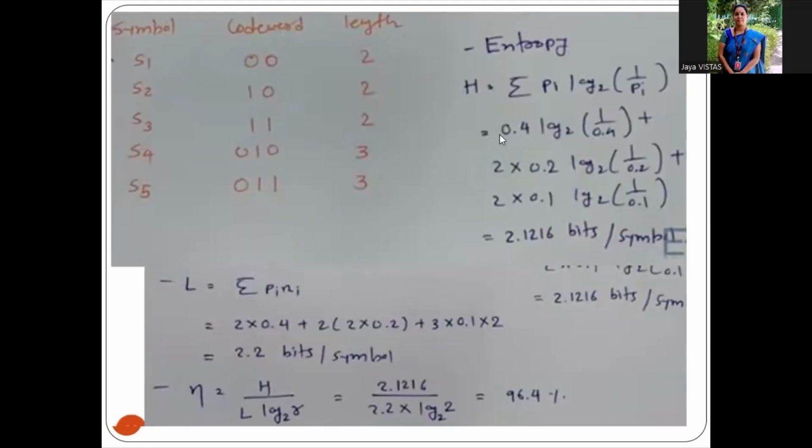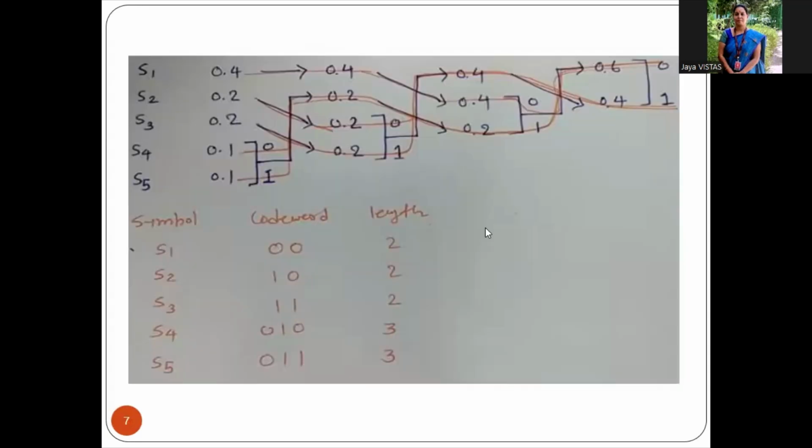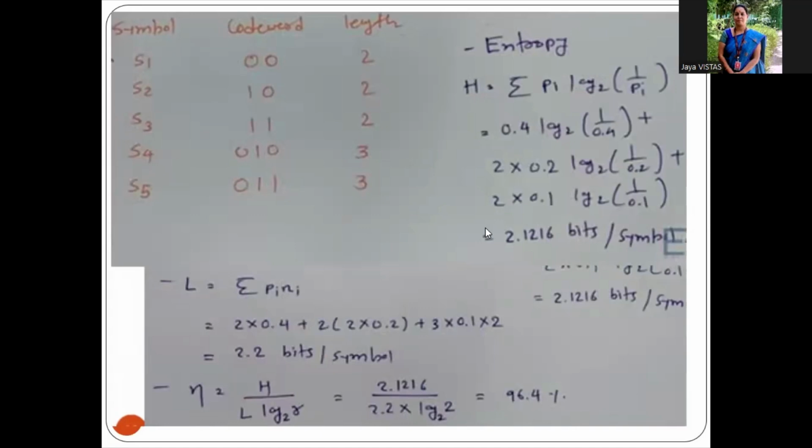The entropy formula is represented as H, which is equal to summation of Pi log 1 by Pi to the base 2. Pi represents the probability of the symbols, where i goes from 1 to 5.